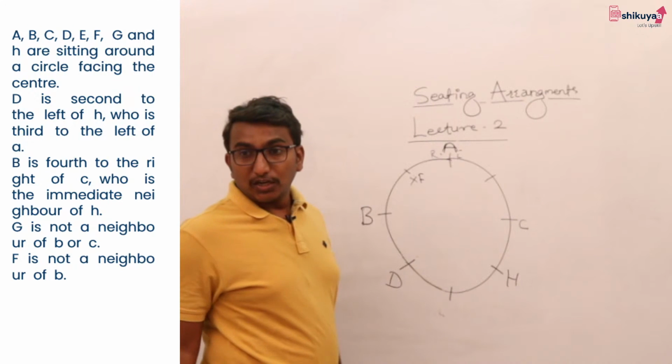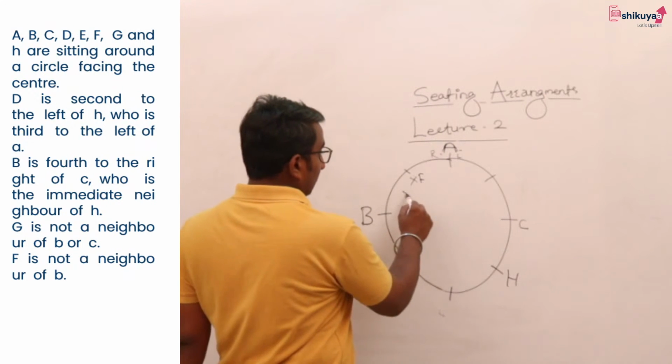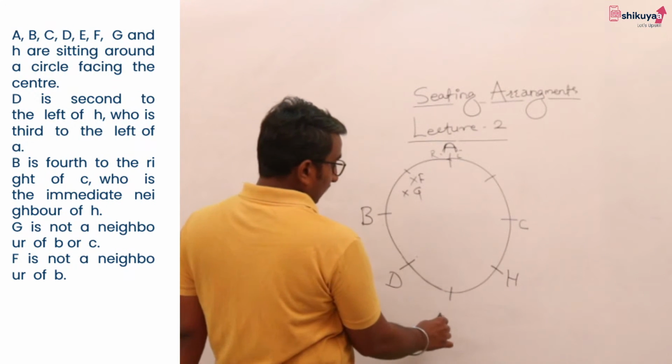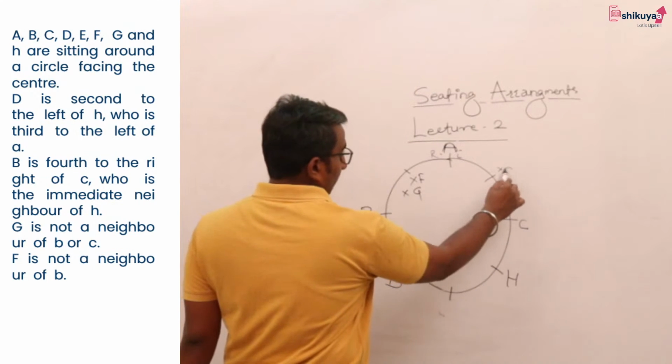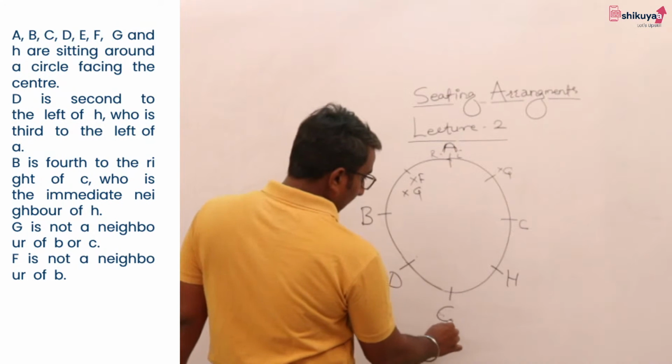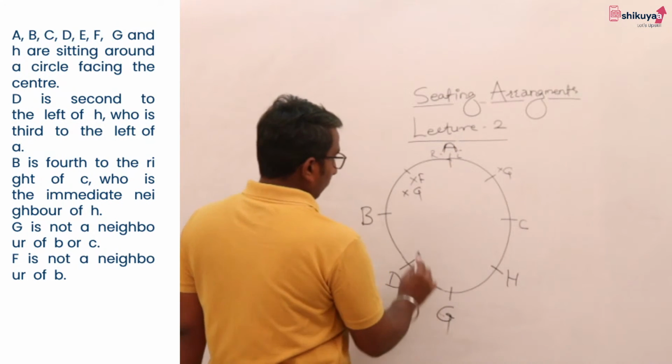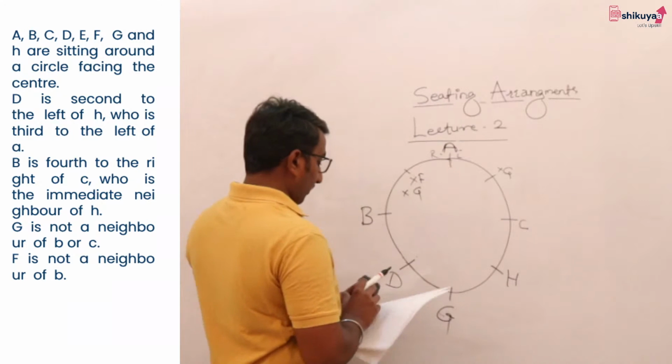Then G is not a neighbor of B and C, so G cannot be placed over here. So the only position left for G is this one, because G cannot fit over here.